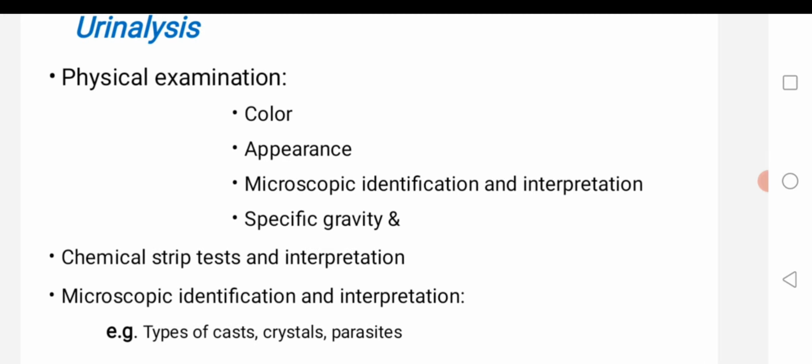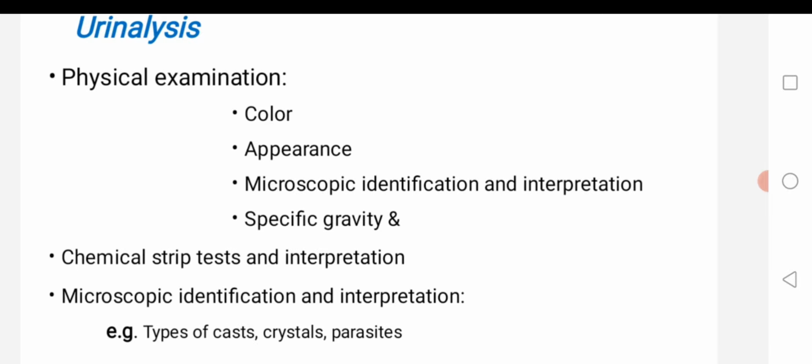Is it calcium oxalate monohydrate, dihydrate, urate? So we need to identify the type of crystals, and also parasites, such as the very common parasite Schistosoma haematobium. So we have to identify the common casts and the common crystals. This is very common.